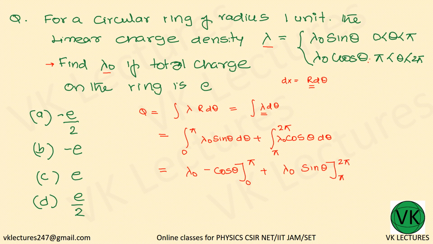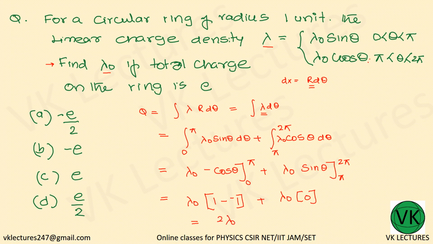Since it is minus, you take the upper limit minus the lower limit: cos 0 is 1, cos pi is minus 1, giving 2, and the second term vanishes, so it is 2 times lambda naught.